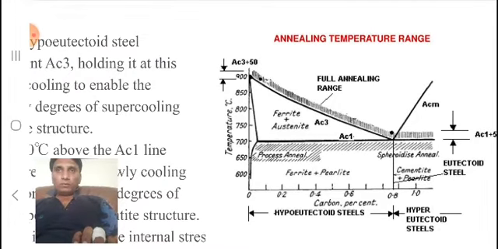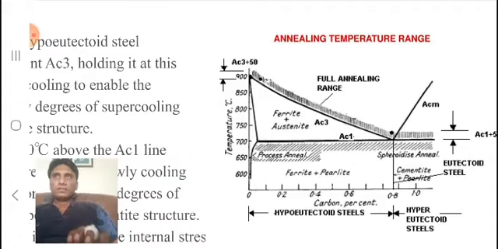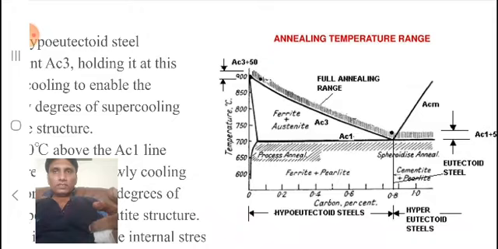This is the bottom left portion of the diagram, and in this diagram we can clearly see the A3 or AC3 line, and for hypoeutectoid steels this steel is heated above the A3 line and then slowly cooled to room temperature in the furnace itself.